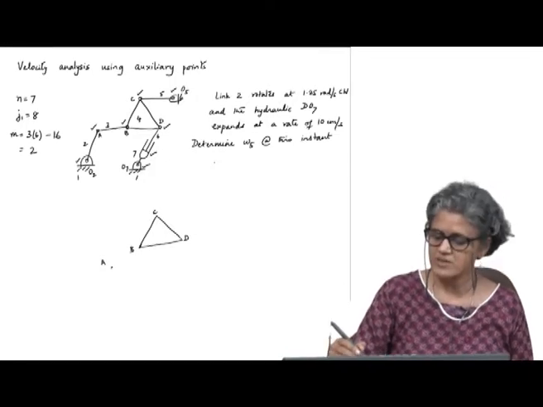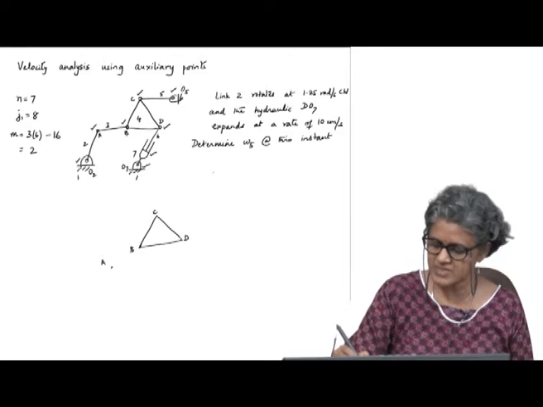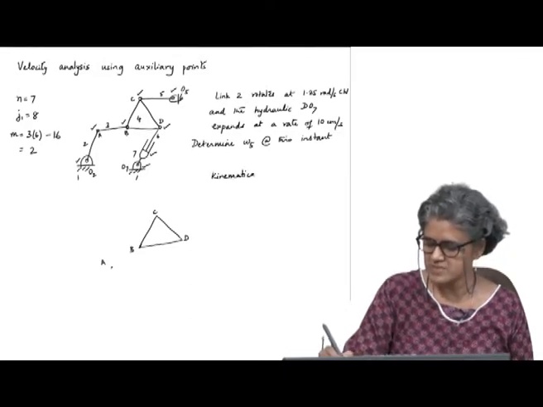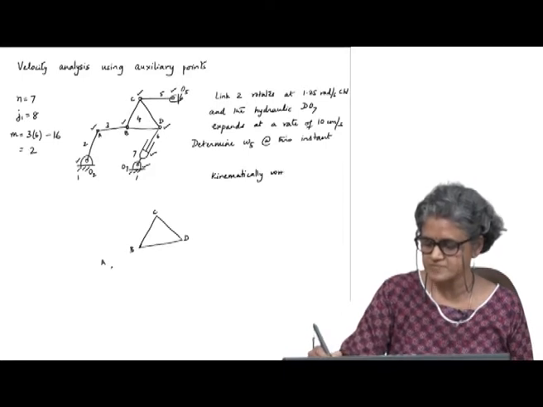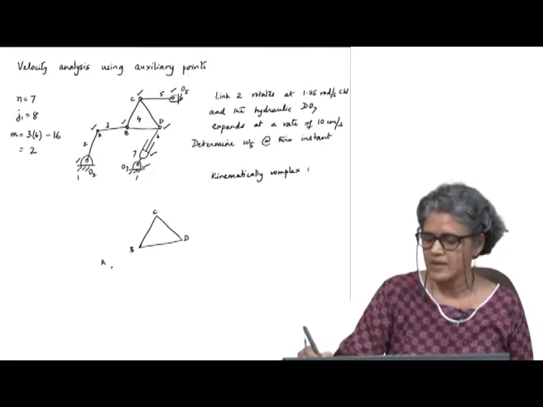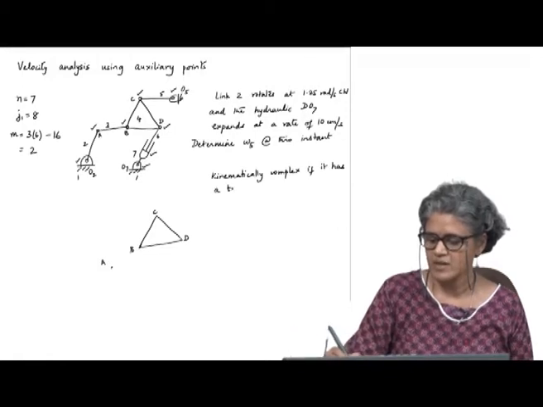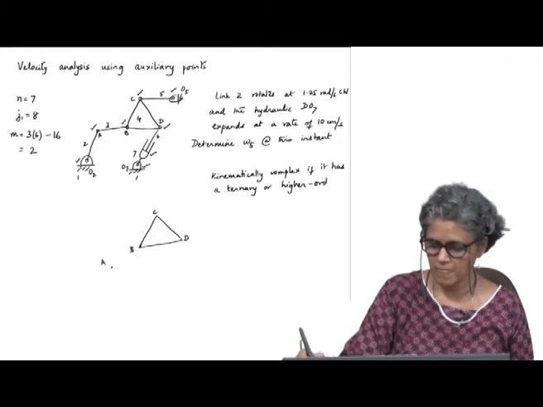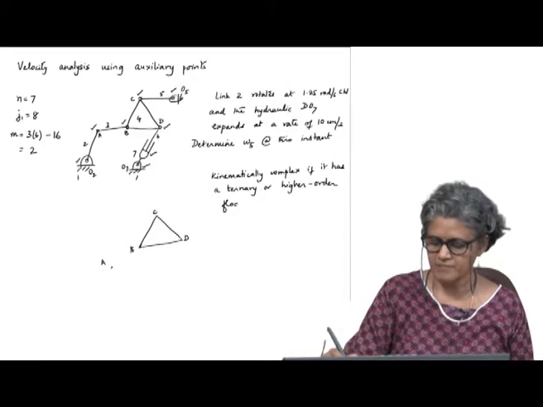The kinematic complexity comes from this: a mechanism is kinematically complex if it has a ternary or higher order floating link.